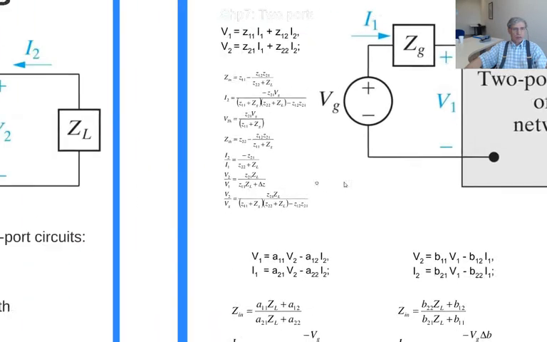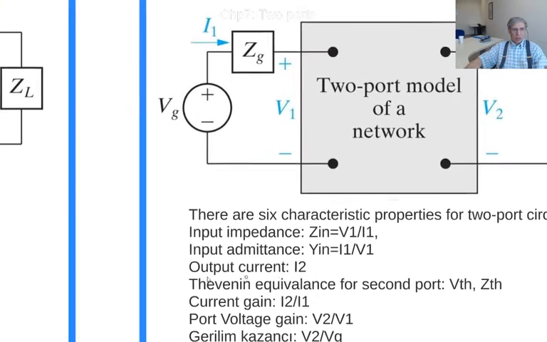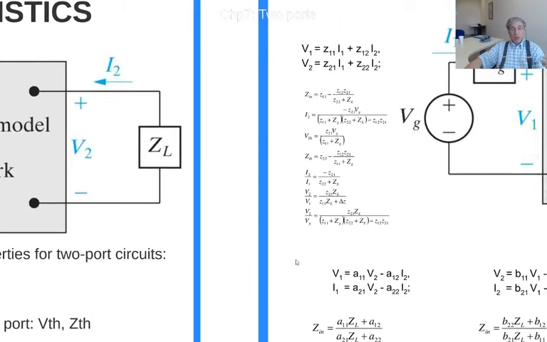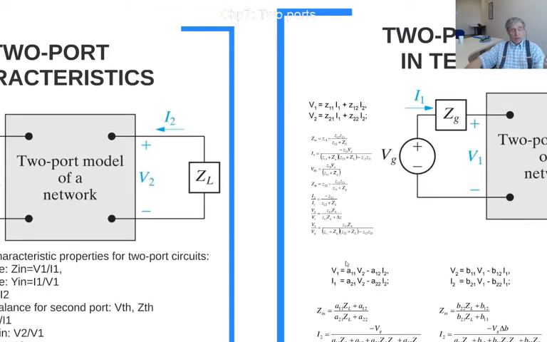You don't have to do these operations and find out all the V1, I1, V2, I2 port electrical quantities. If you calculate these quantities, then you can find all these characteristics.